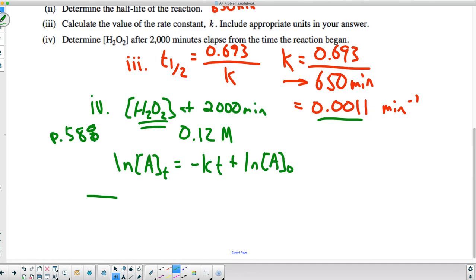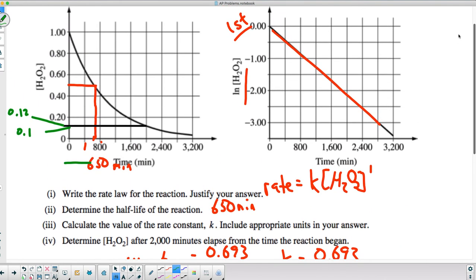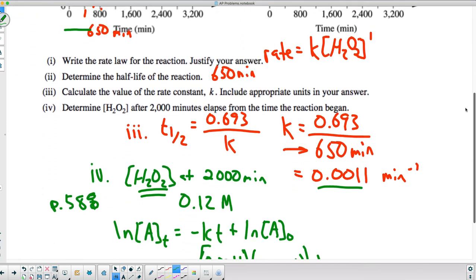So what I do is I plug in all the numbers, negative 0.0011 times 2,000 minutes, like this, plus the natural log of 1.0. 1.0 is the original concentration.